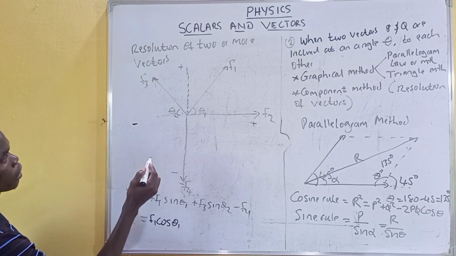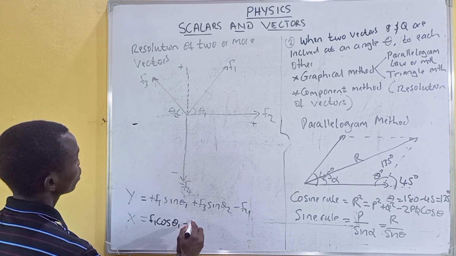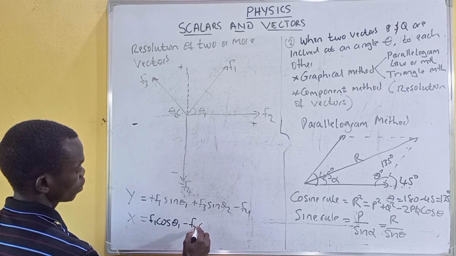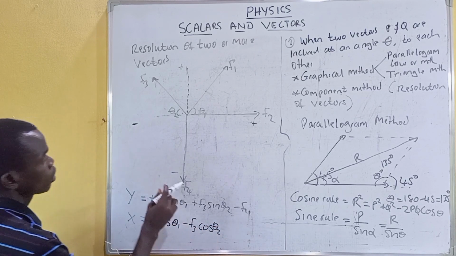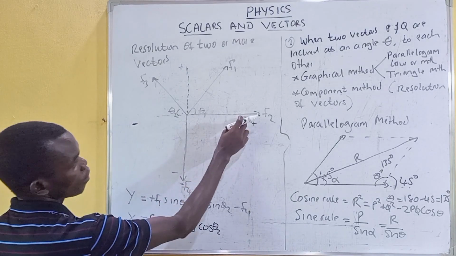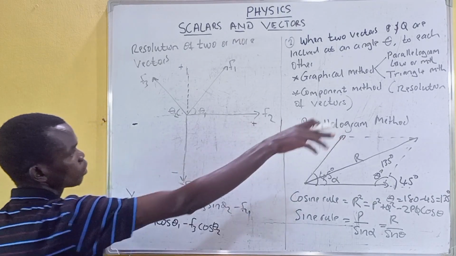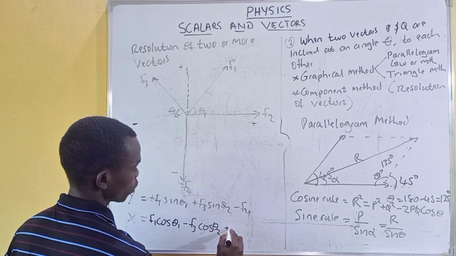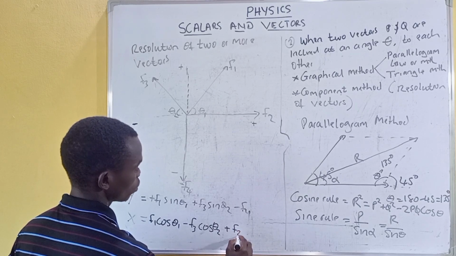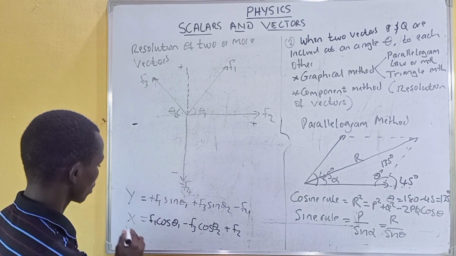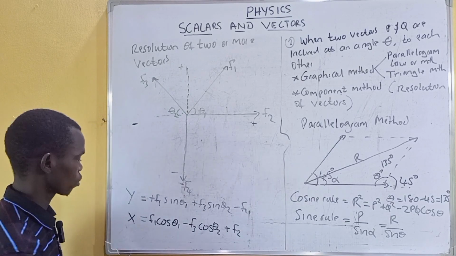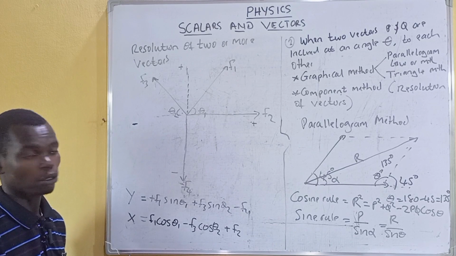Since this side is negative, this will be minus F3 cos theta 2, and our F2 is going in the positive direction. This will be plus F2. So we cannot resolve this to the horizontal. So this is the sum of the horizontal components.